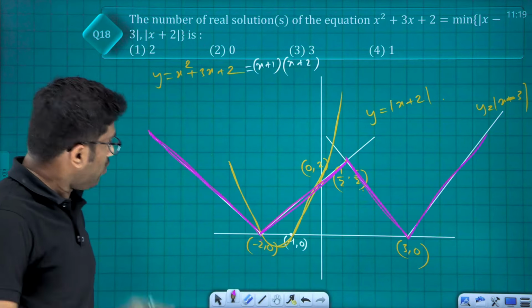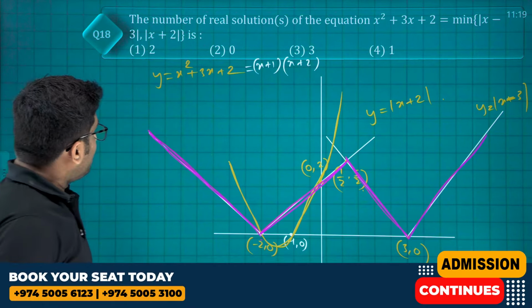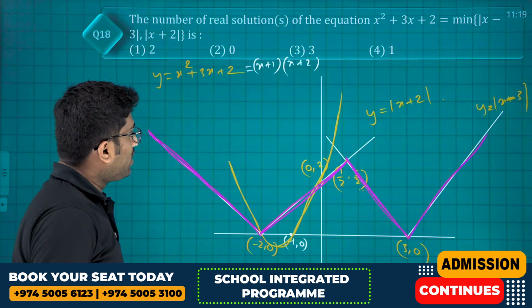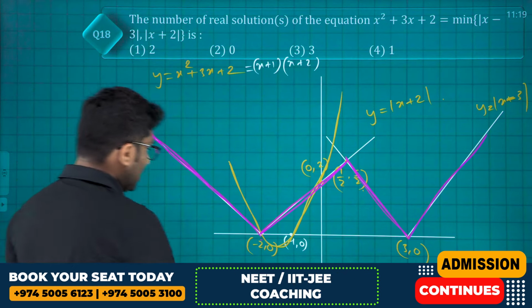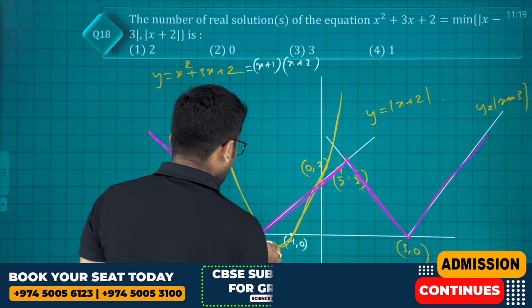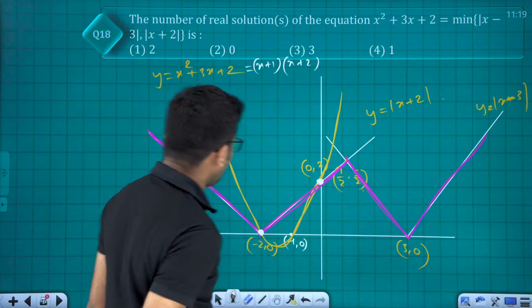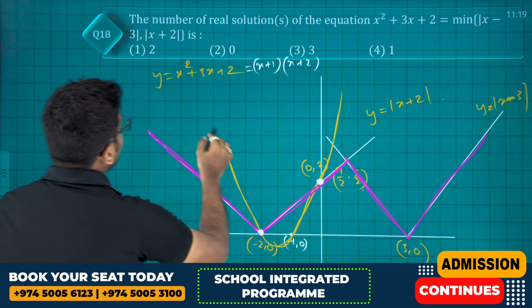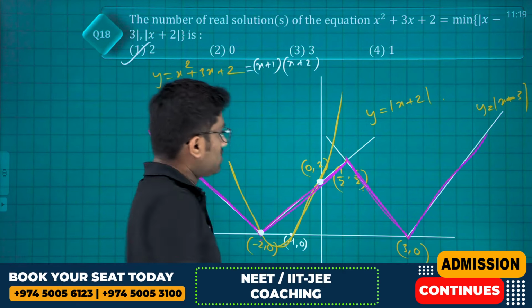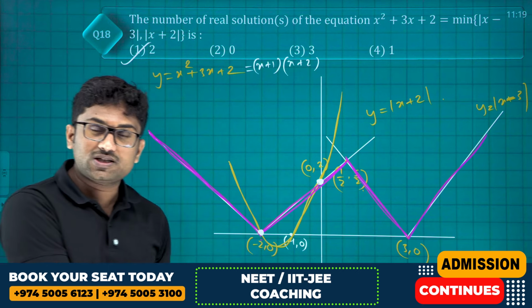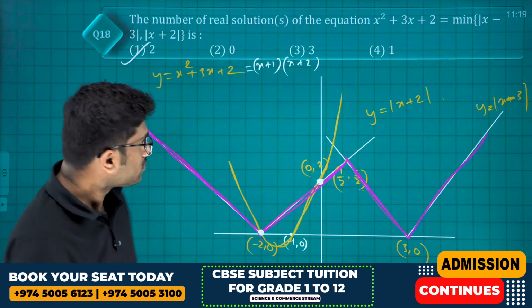So what we need is the number of points of intersection only. Directly see, this is the point where it has intersected and this is the point where the curve has intersected our quadratic. So the number of solutions is 2. Direct question: if we just draw the graph, we get it.